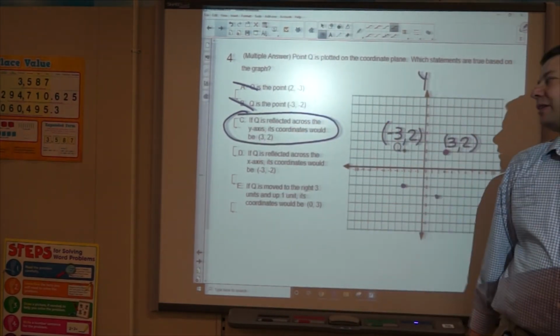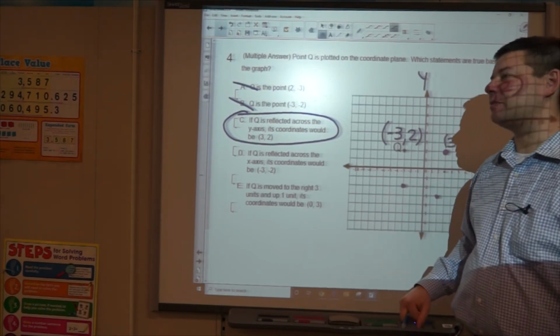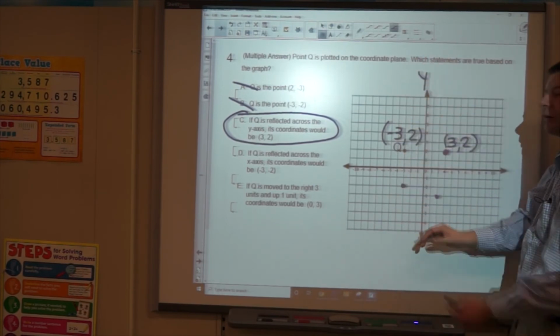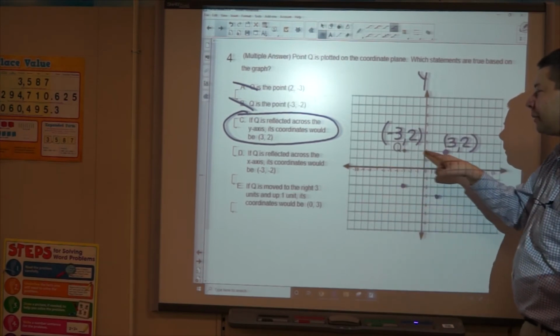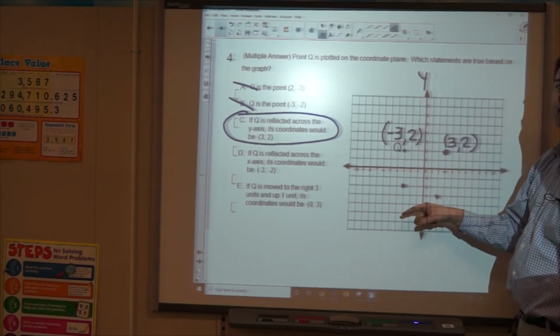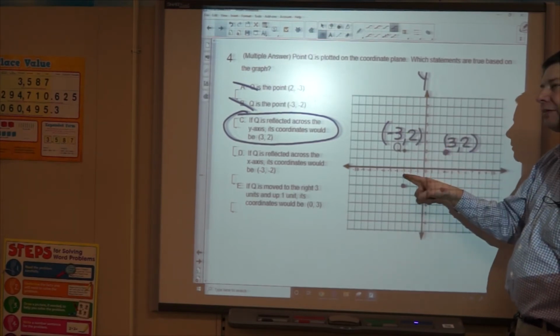For letter D, it says if Q is reflected across the x-axis. Ooh, big change of plans here. Now I'm going to fold my paper or fold my smartboard over across the x-axis. And if I did that, I would still be on the same x value, but my y value would change, right? I'm still at -3.